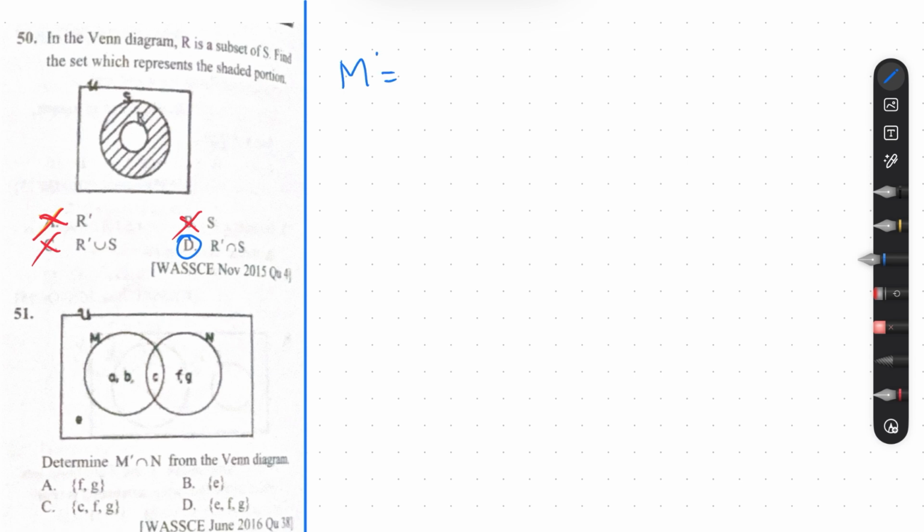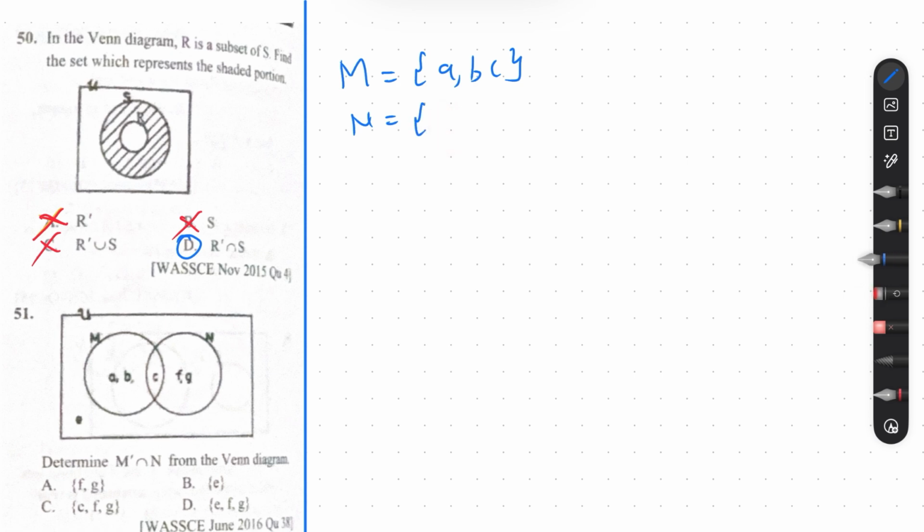M is what? A, B, C, because M is everything here, which is A, B, C. Now let's write down N.